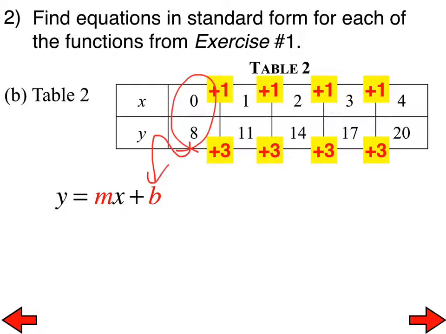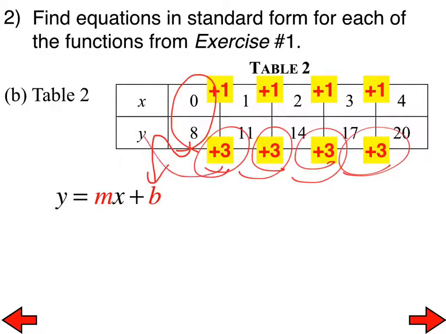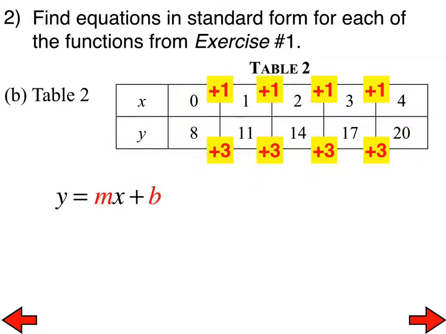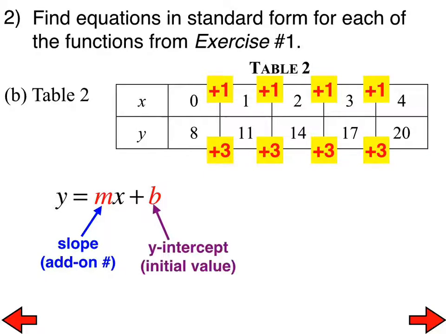That means that b in this one is 8. The number that we are consistently adding on each time is the slope. So therefore, for table 2, the linear function is y equals 3x plus 8. Any questions there?